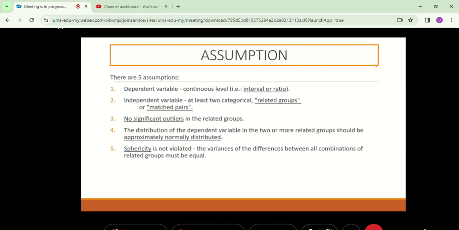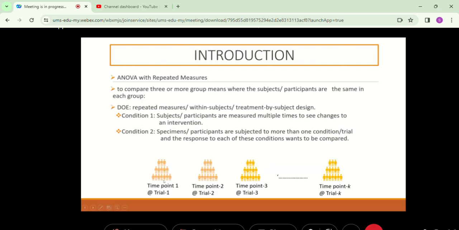So if I want to explain further, let's go back to the previous slide. From time point 1 and time point 2, we have a difference.